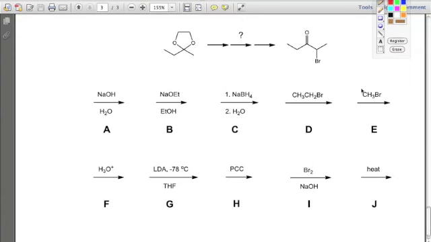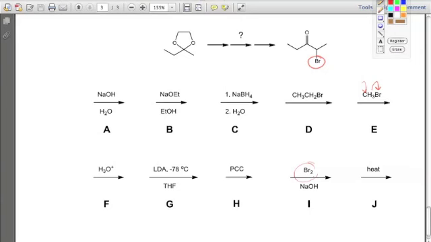Starting by going backwards, I see that I have a Br in my final compound, and I'm searching through these trying to find a reaction that would add a Br on. It's not going to be this or this, because in these situations the Br is going to be the leaving group, as in you attack this carbon and the Br leaves. But here, I could add the Br.